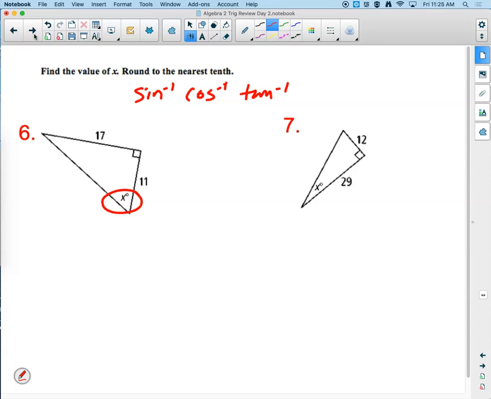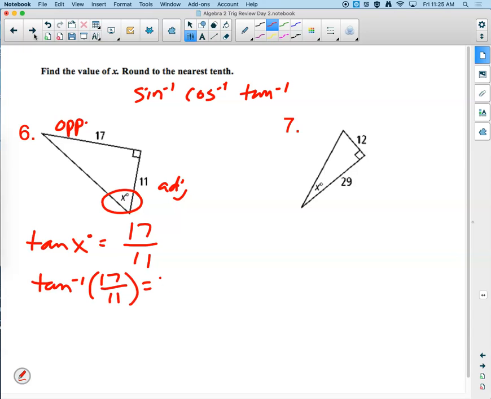There's the angle. What does the 17 get for a label? Opposite. How about the 11? Think SOHCAHTOA. Which one is that? Tangent. So the tangent of x degrees equals 17 over 11, but we want the angle, so we're going to punch in inverse tangent of 17 over 11 equals x degrees.